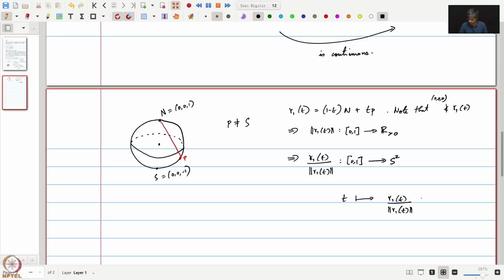So if I write each of the coordinates of gamma 1 divided by the norm, each of these coordinates is a continuous map because the denominator is never 0.